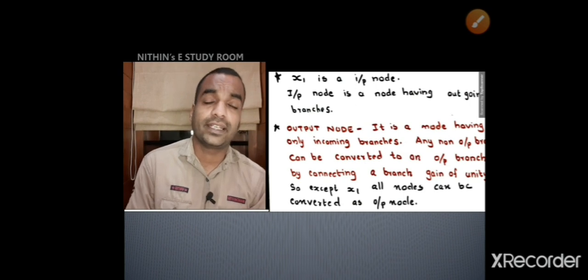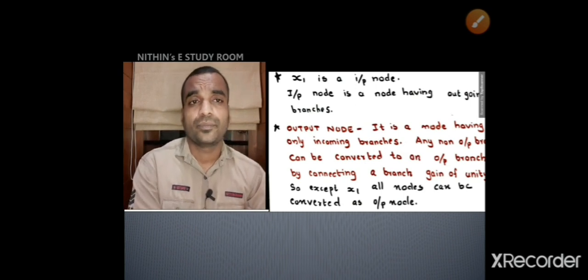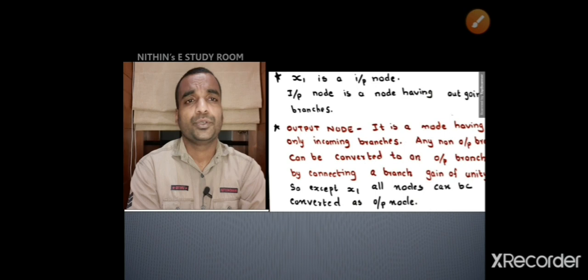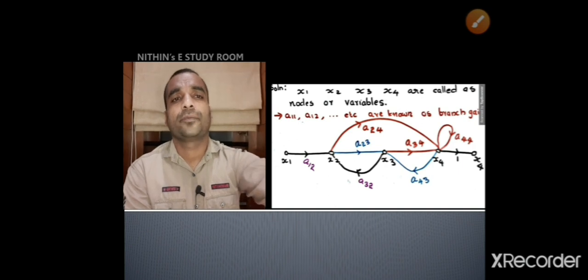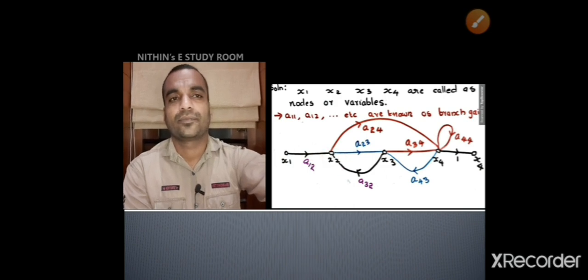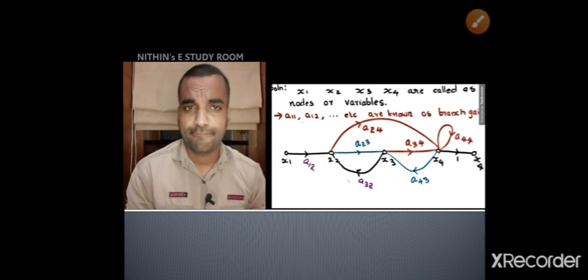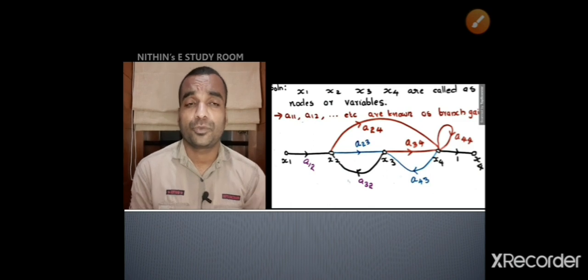So x1 is the input node. That is very clear, because you can write an equation of x1, because from x1 all the processes are leaving towards outside. So we can say it is an input node.